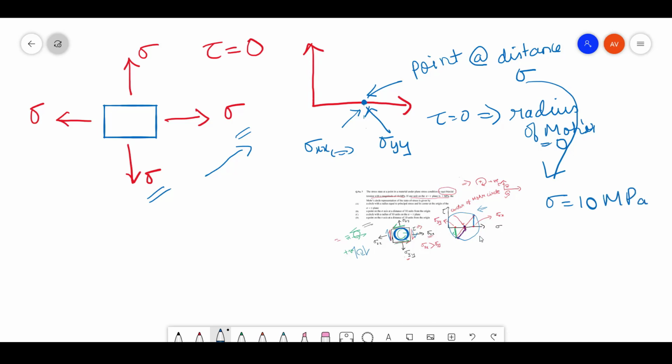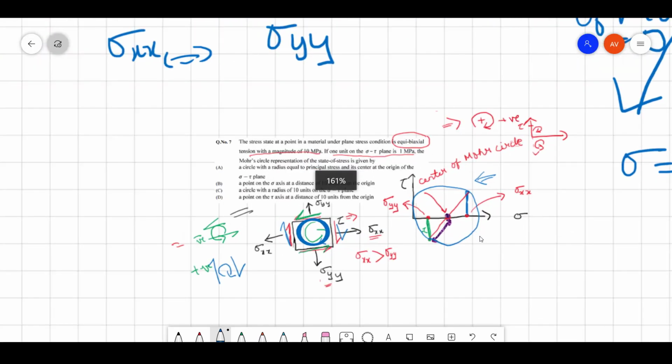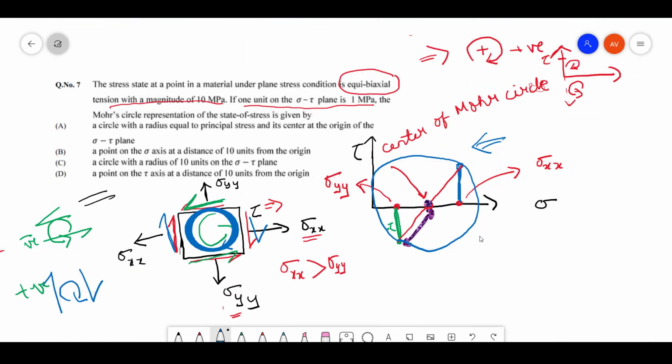If you see, it's equibiaxial. So what is my final answer? So let's just zoom in again. It's actually a point on the sigma axis at a distance of 10 units. So B is my right answer.